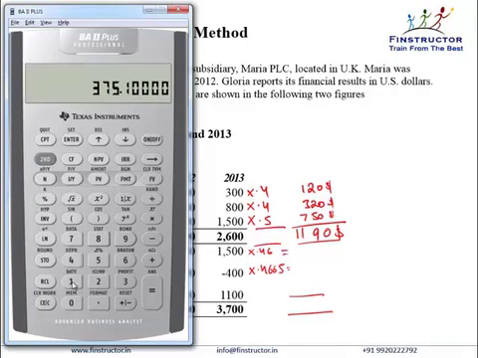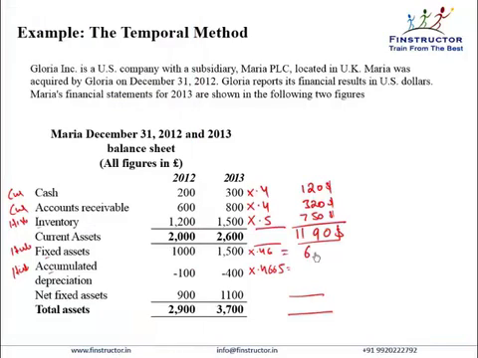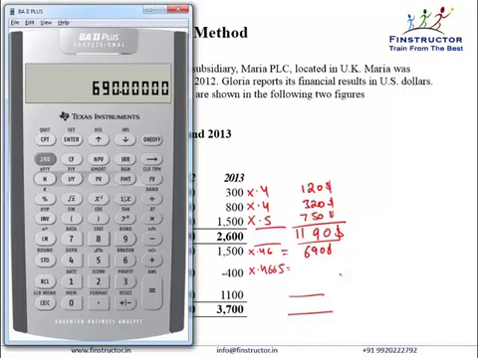The fixed assets will be calculated as 1500 into 0.46. That is $690. The accumulated depreciation would be 400 into 0.4665.